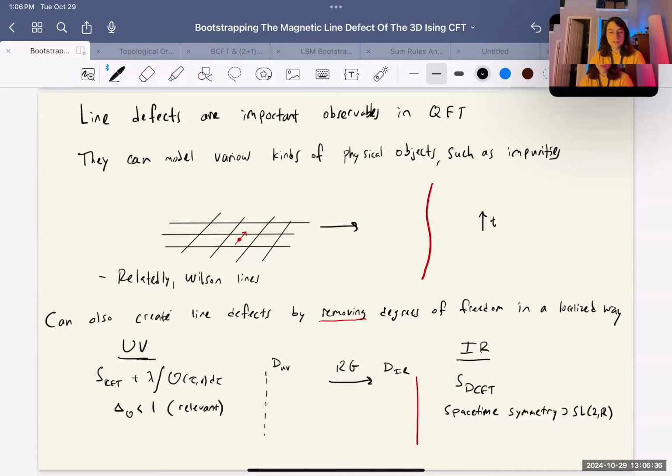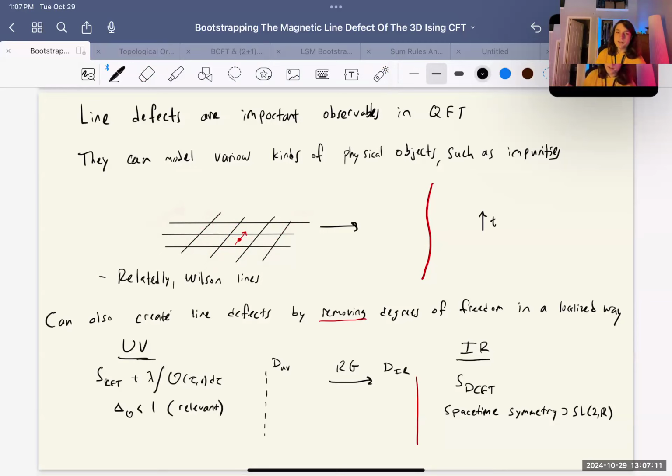A very concrete example is some kind of object like an impurity in a quantum material. You can imagine I take some clean system, and at some location I add in some new degrees of freedom, like some different kind of spin or what have you. And I will try to couple this new degree of freedom into my original system in some way.